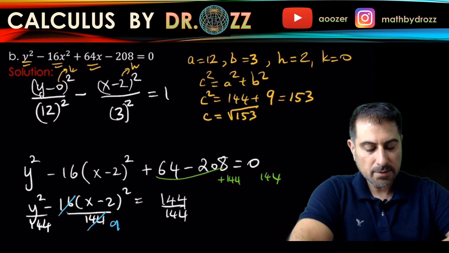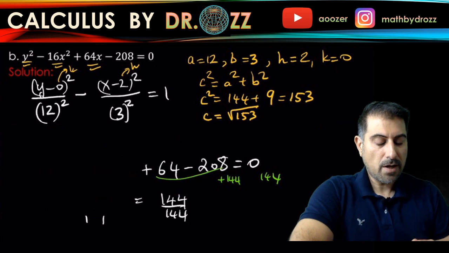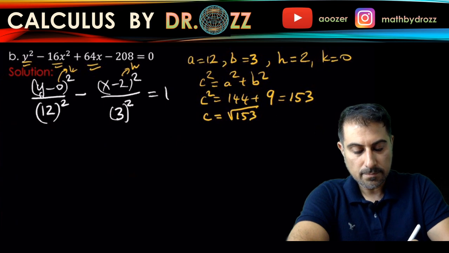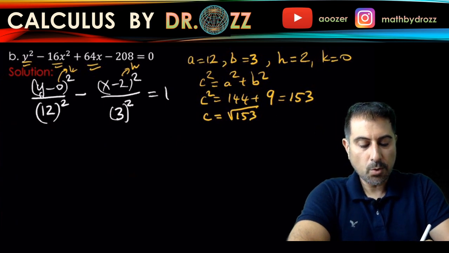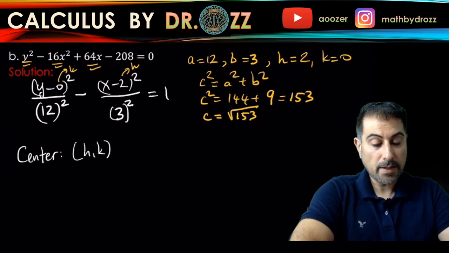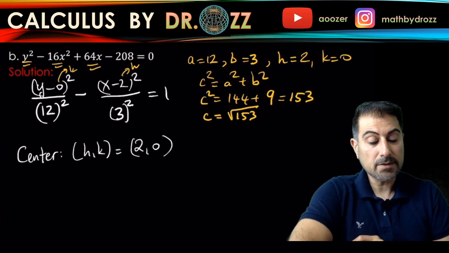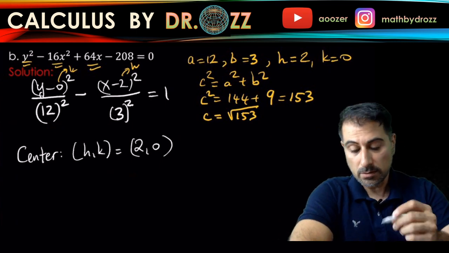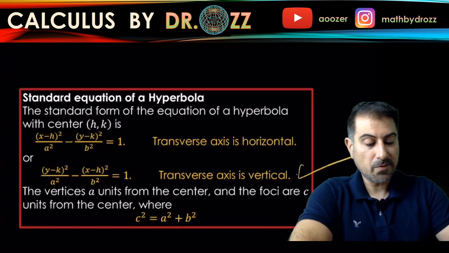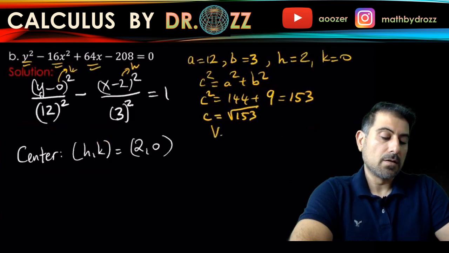I don't need this part anymore, so let me get this out of the way. Now I have the center coming with the coordinates h and k, that is 2 and 0. And as I told you earlier, we're in the case that the transverse axis is vertical, so I'm going to write here that we have a vertical transverse axis.